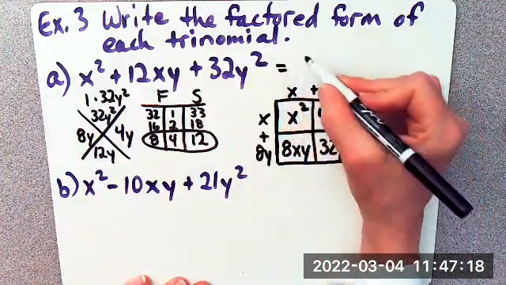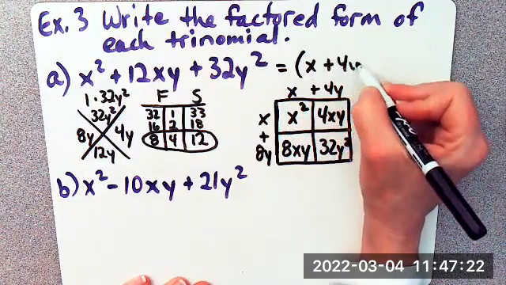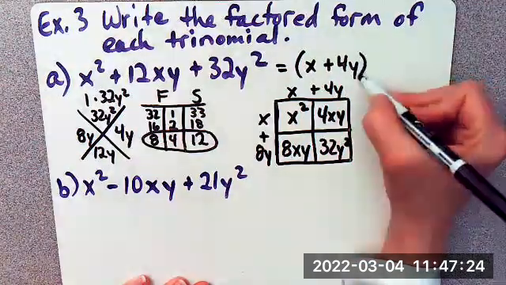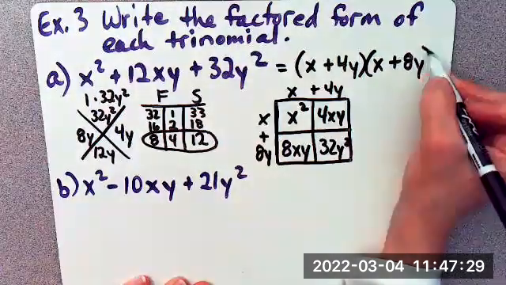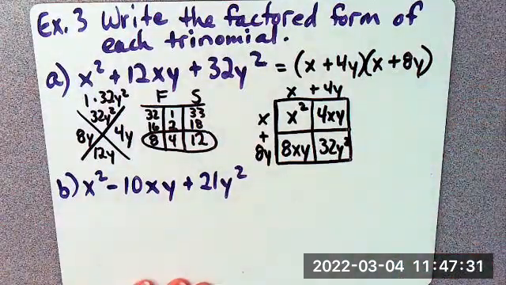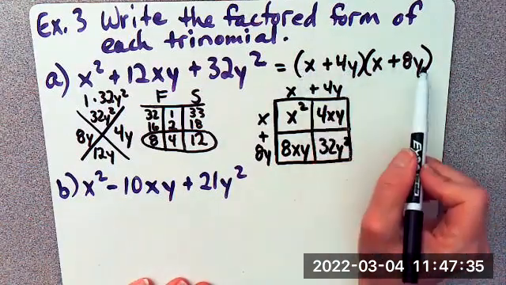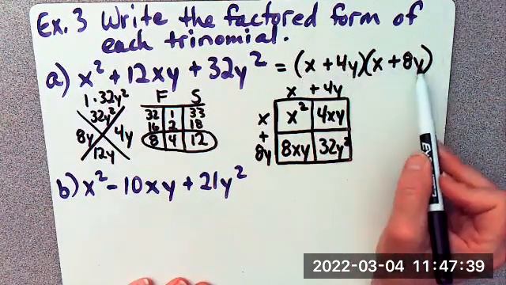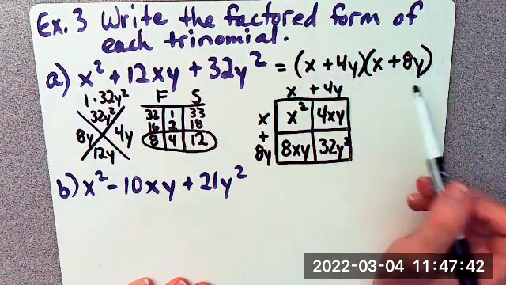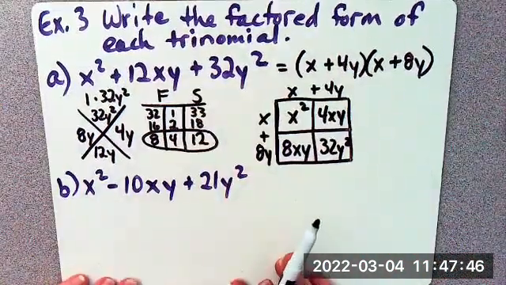So then this is going to factor as x plus 4y times x plus 8y. So there you go. 4y plus 8y would be 12y, and 4y times 8y is 32y squared. So we've got it. Okay, let's try that again.